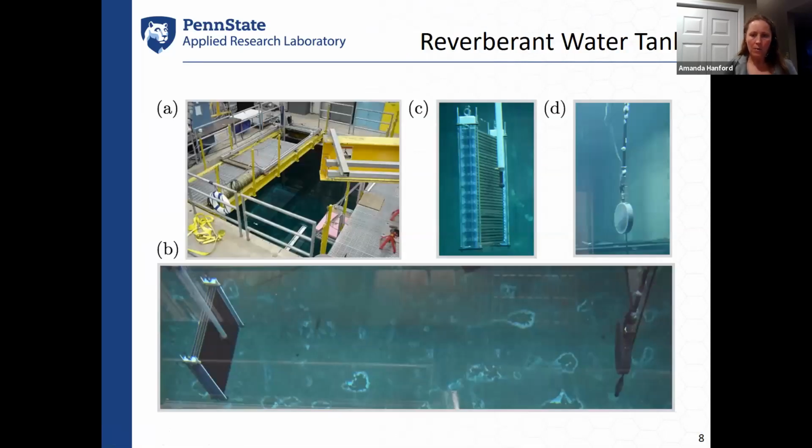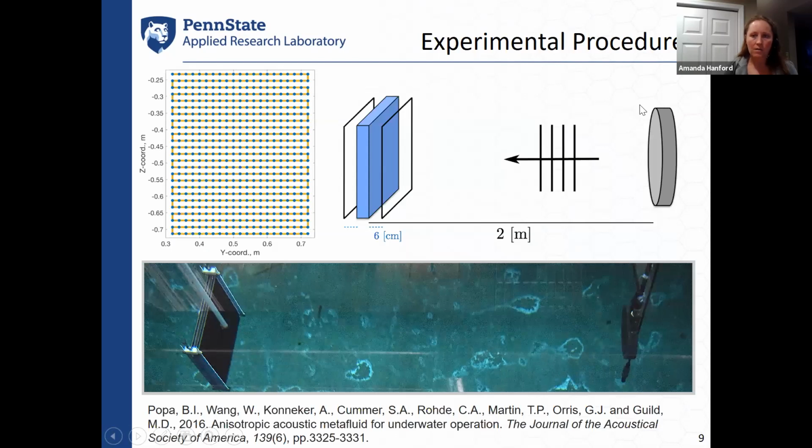Then we put it into the water tank, and our sample is here on the left, with a hydrophone sitting in front of it. We have an acoustic sound source up here providing acoustic energy. So here's our source, here's our receiver, and here's our material. The way that we did this is, we had our sound source over here, with acoustic propagation through the water, interfacing with our material sample.